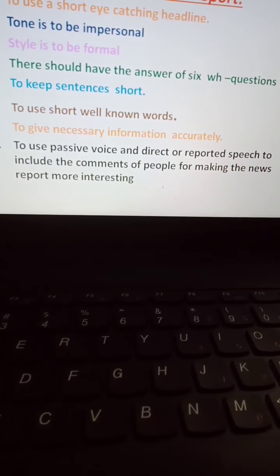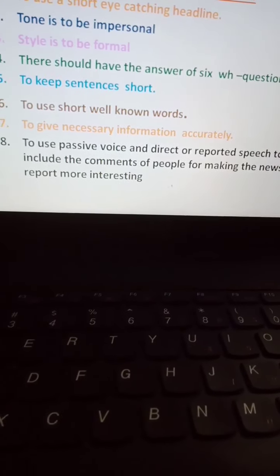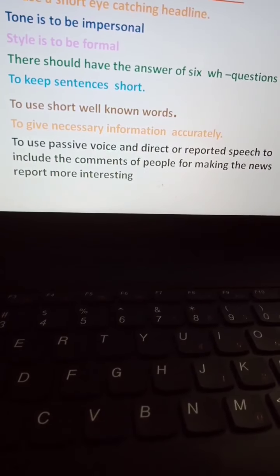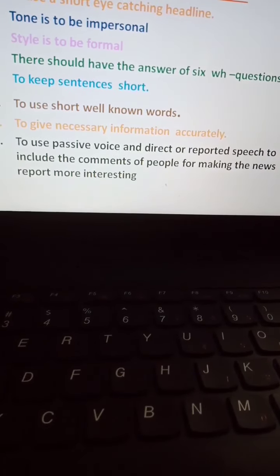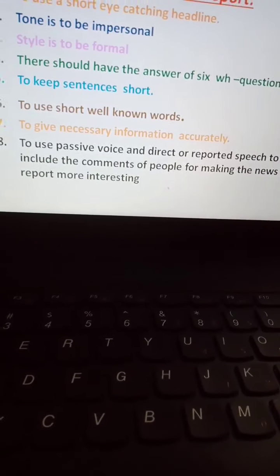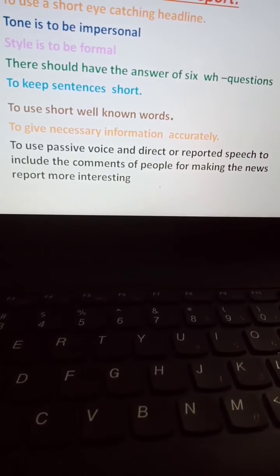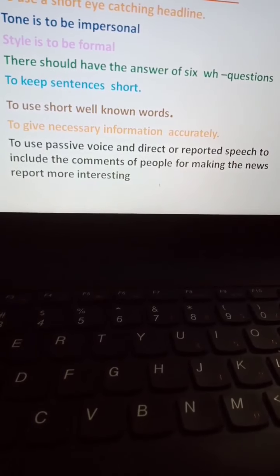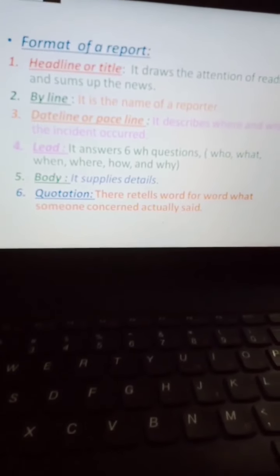So they must use the comments of the witnesses of the event, or of the incident, and those comments should be written in reported speech, and this makes the news more interesting and authentic as well.